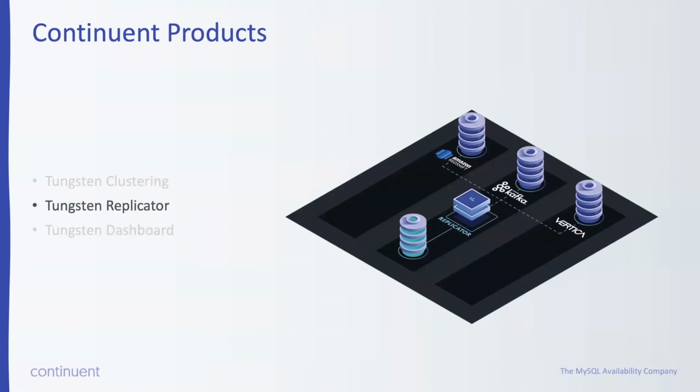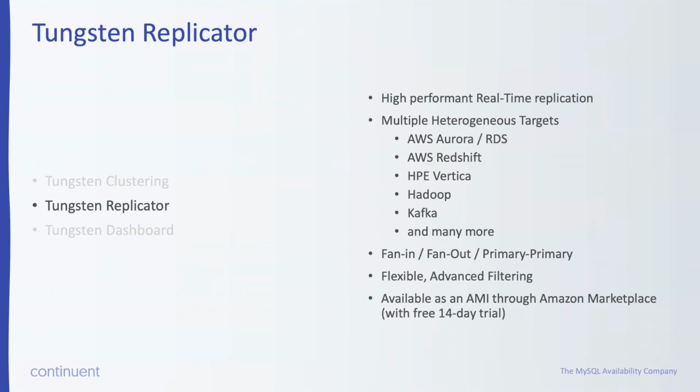Another product too, we haven't really talked about it much, so I'll just go over it really quickly, is the Tungsten Replicator, right? And that allows us to replicate from MySQL to a bunch of targets, right? Again, we can actually replicate to Aurora or RDS, but more importantly, Redshift and analytic targets, right? Vertica, Hadoop, Kafka.